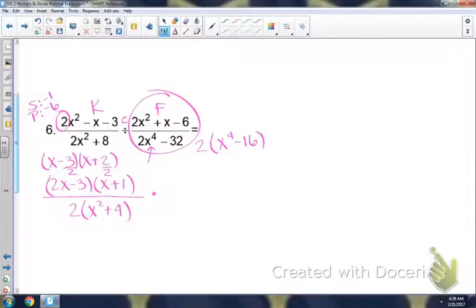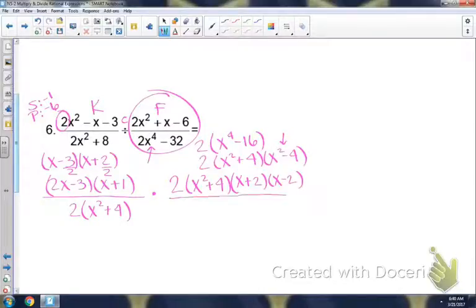And then we have difference of squares. So we're going to have x squared plus 4 and an x squared minus 4. You're factoring completely, so notice you can go one more step with that one. So you should have a 2, an x squared plus 4, and then when you factor x squared minus 4, that's x plus 2, x minus 2.